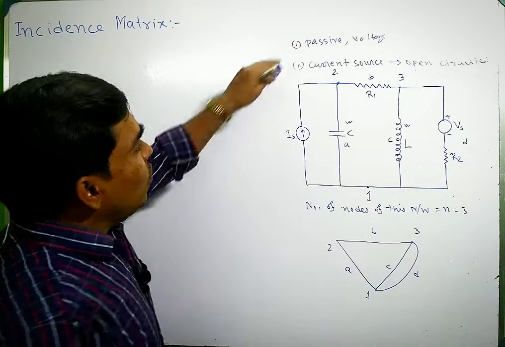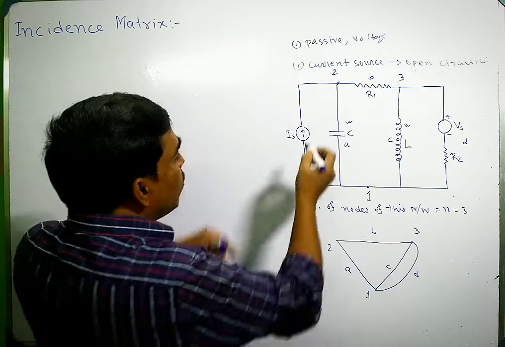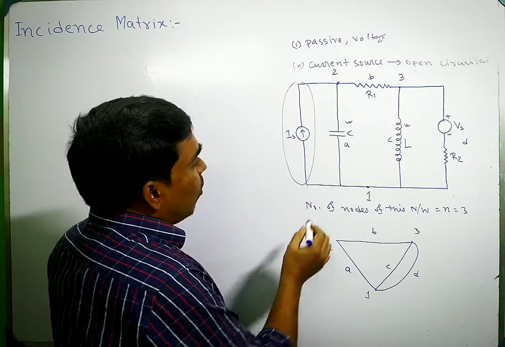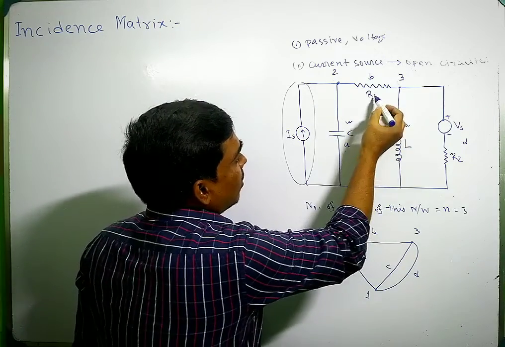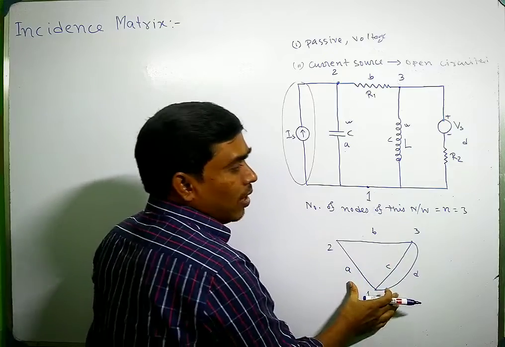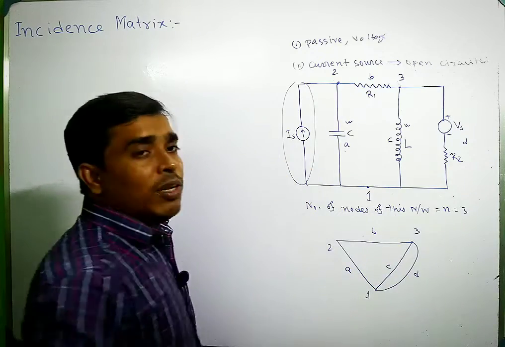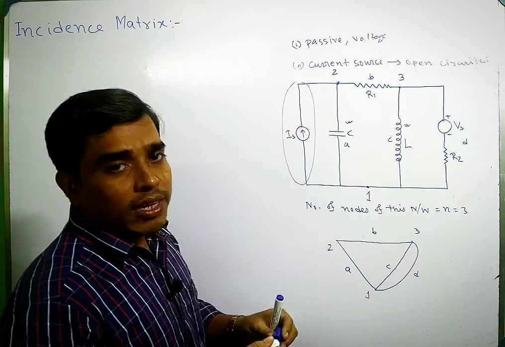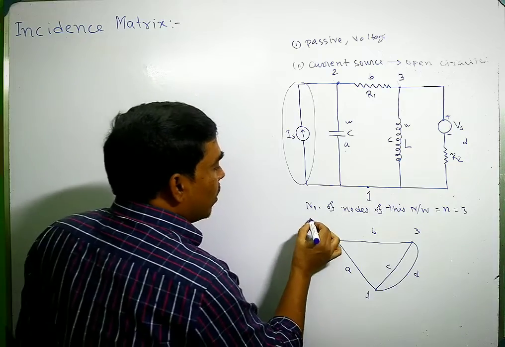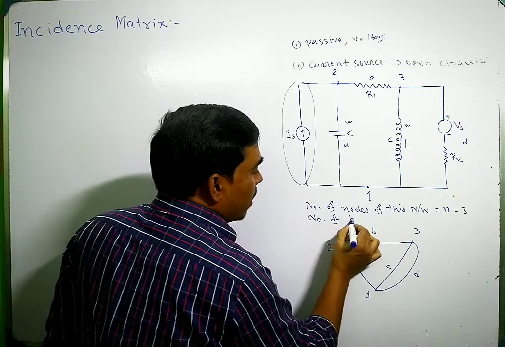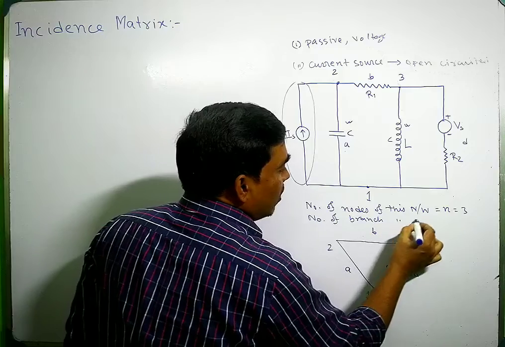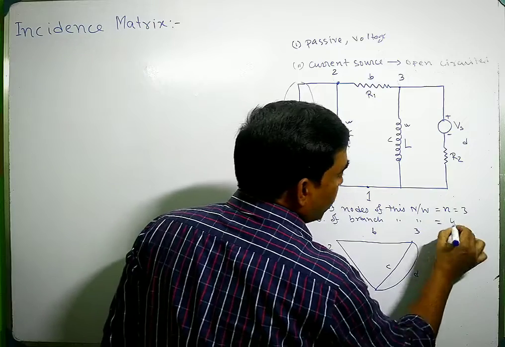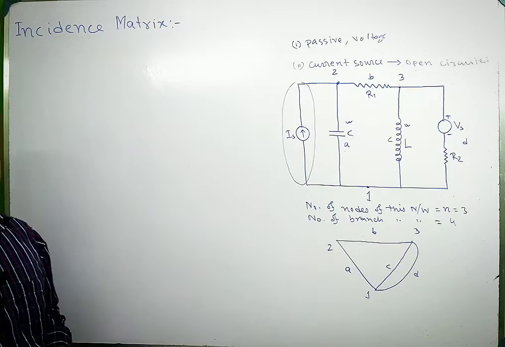Using these two rules, this portion will cancel out, and only this branch, this branch, this branch and this branch will stay. This one is removed because it is a current source, which is open circuited. So the number of branches of this network is 4.